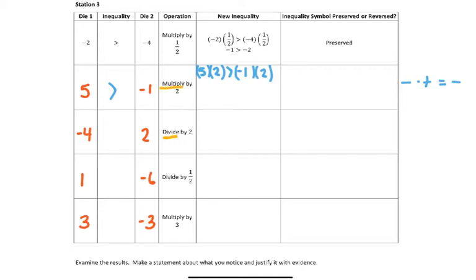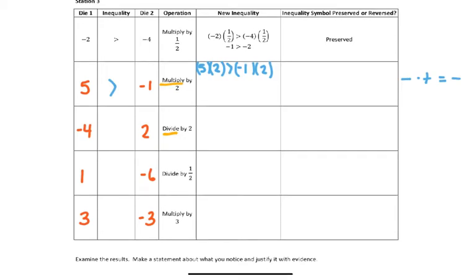So 5 times 2 is 10. Now, -1 times 2 is -2. Remember, when we multiply a negative by a positive, we get a negative. So now I have to ask myself, can I still say 10 is greater than -2? And I can indeed still say that 10 is greater than -2. In fact, 10 is a lot greater than -2.